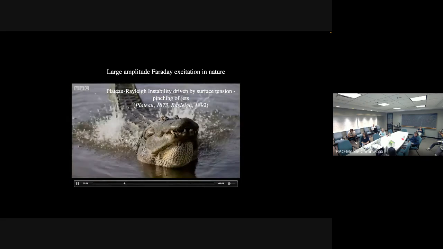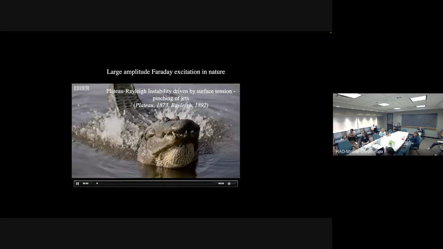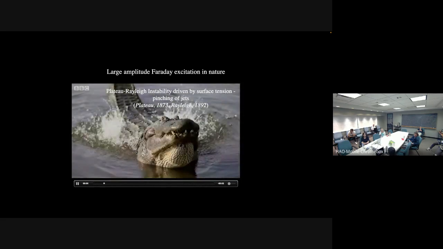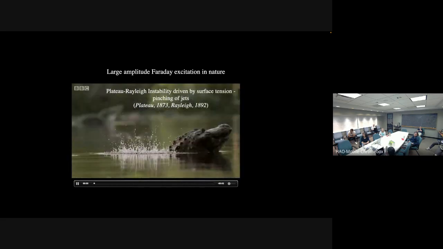And this is basically driven by the surface tension and known as the Plateau-Rayleigh instability. So this also has been known since the late 1800s. So Plateau did the experiment, and Rayleigh probably provided the theoretical understanding. So it's known as the Plateau-Rayleigh instability.